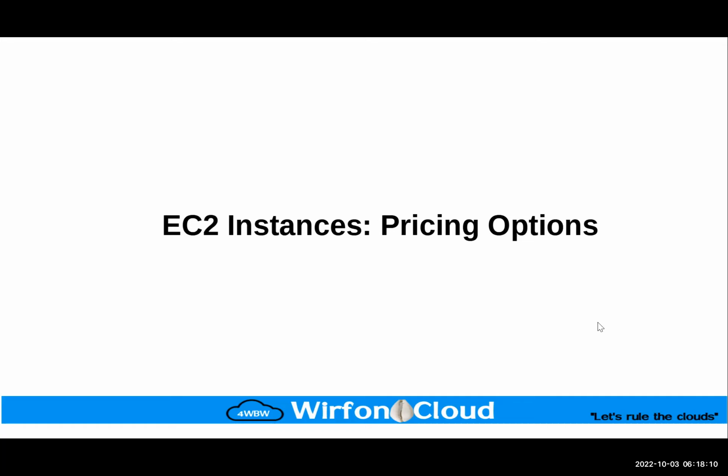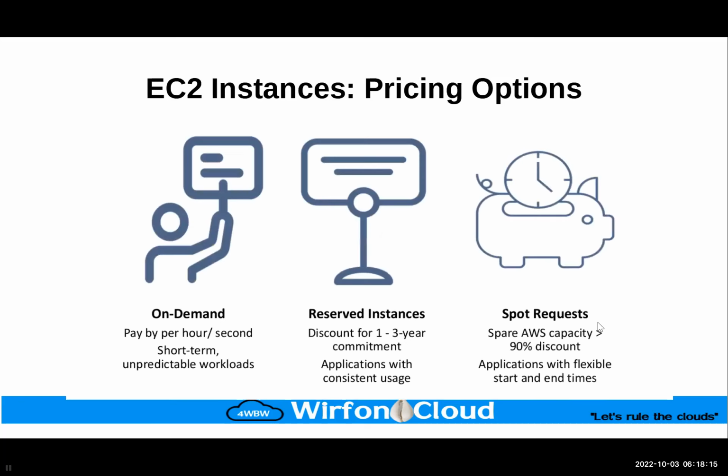So now we are going to look at EC2 instances and the pricing options. In your first class, there was the mention of cloud computing being IT services over the internet on demand. So on demand, as you need, you go and you get it.